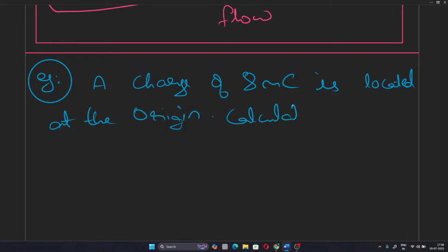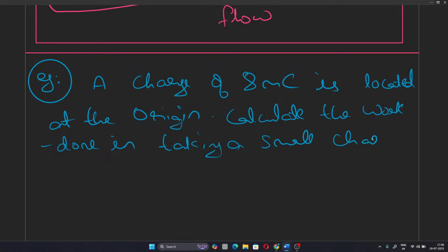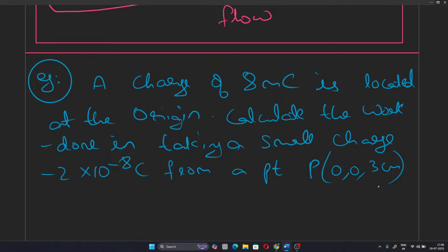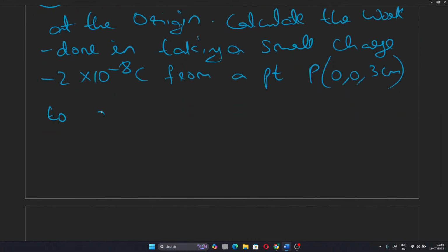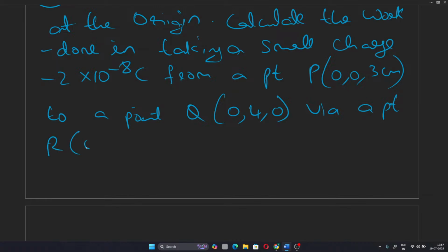Calculate the work done in taking a small charge -2 into 10 power -8 coulomb from a point P (0, 0, 3) centimeter to a point Q (0, 4, 0) via a point R (0, 6, 9) centimeters.